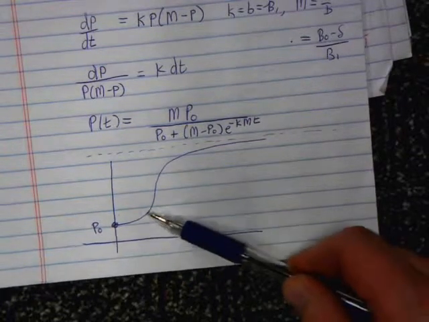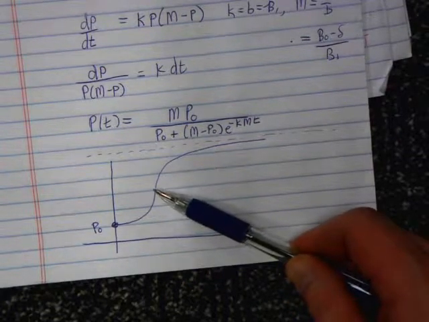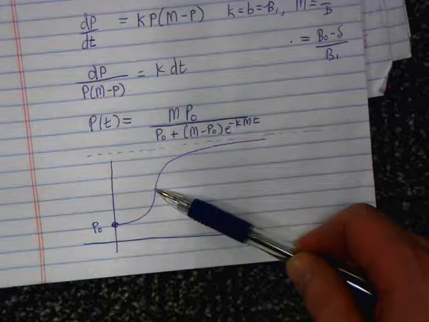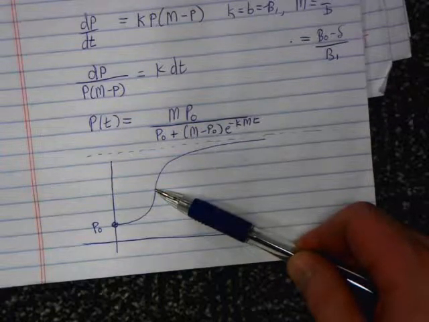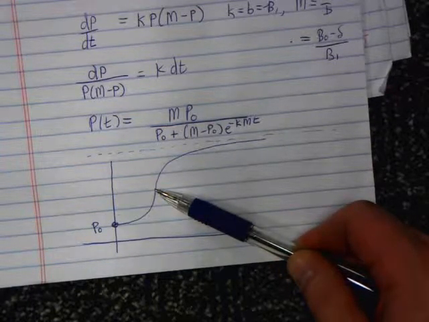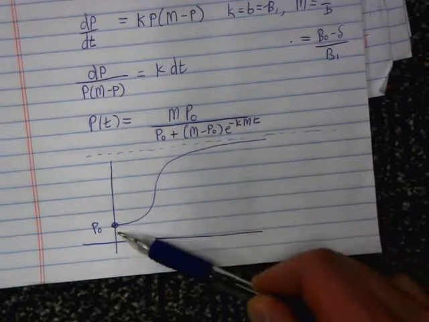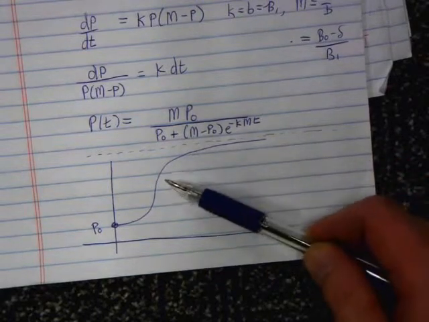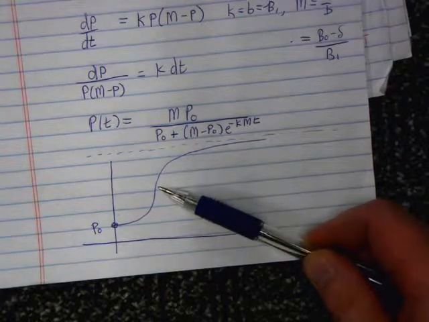But then there comes a point where you reach right about here, and this point has a special name. Anybody know the special name for that? It's the point where it goes from positive to negative. Concave. It's the point where it's going from concave up to concave down. Inflection point. Close, not critical point.